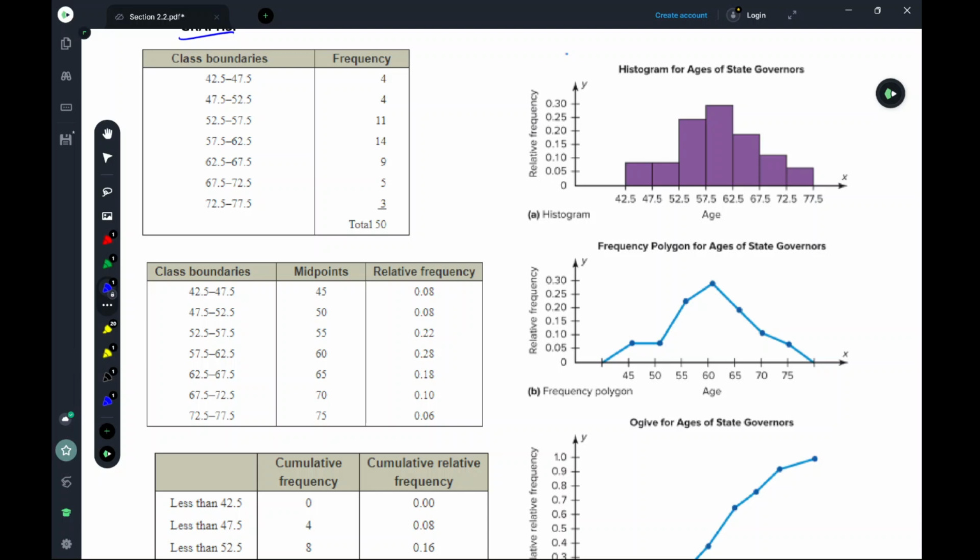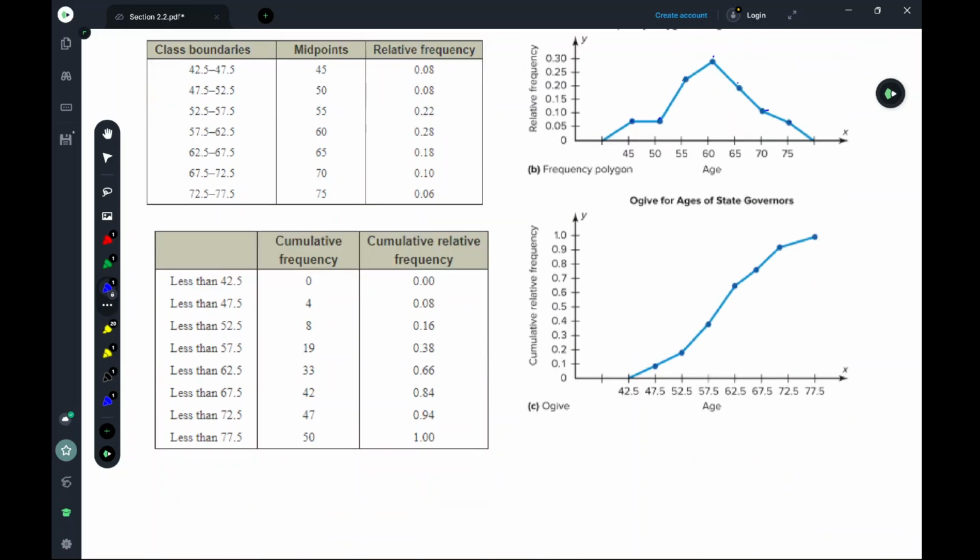Notice with the histogram, we have our class boundaries right here, and then the height of each of these is going to be some sort of frequency, but a different type of frequency than what we've been working with. Again, here we found the midpoints, and we put a dot at the midpoints, which represent something called a relative frequency instead of just a frequency. And then last but not least, the ogive. Again, notice it's cumulative frequencies at the less than lower boundaries of all of our classes.